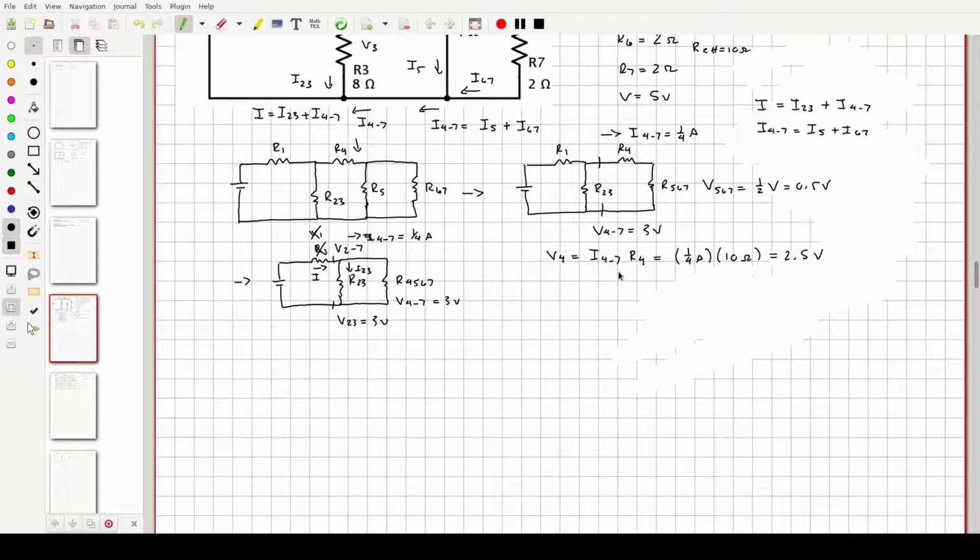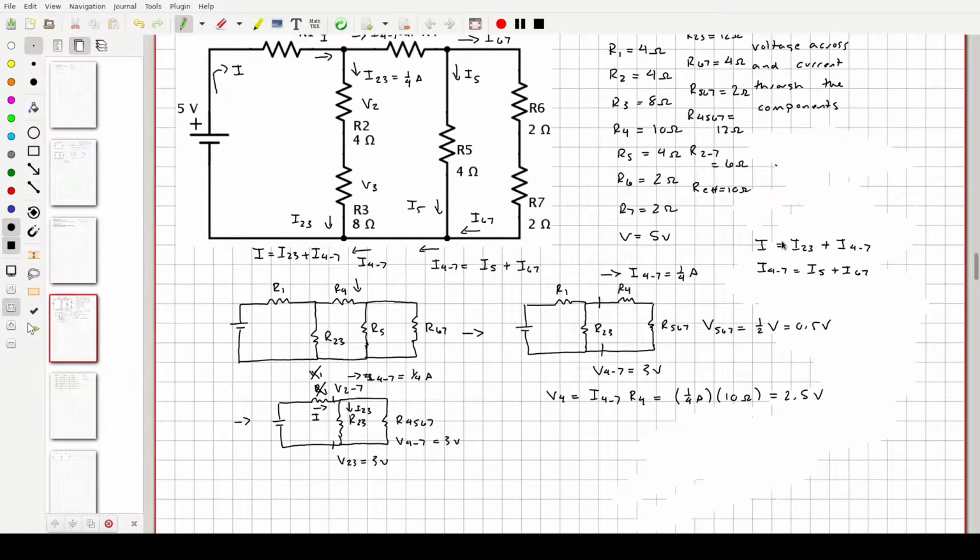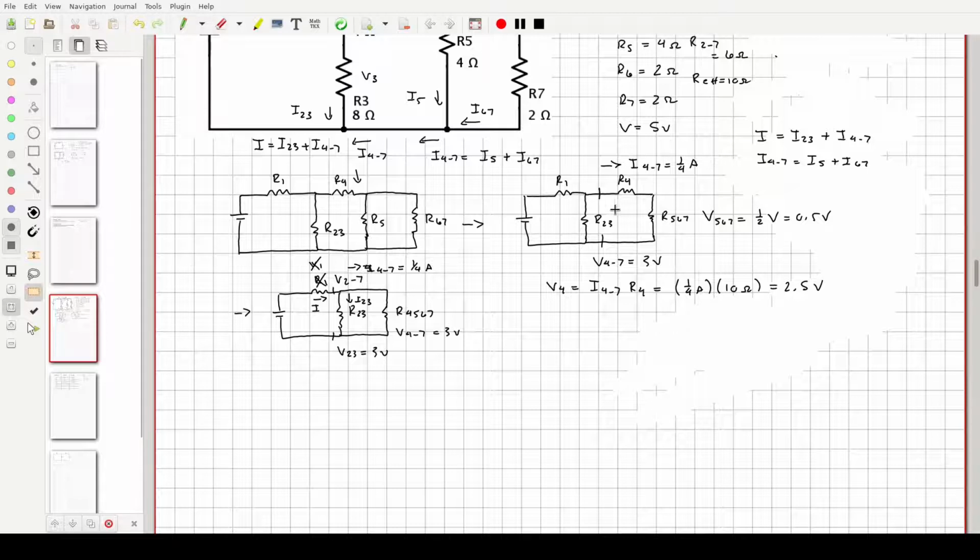So now we just found out more information we can put in our table. We have the current and we also have the voltage, 2.5 volts and a quarter of an amp. So again, gradually filling out our table. Next, we're just going to keep working.